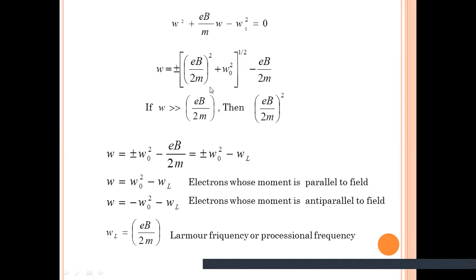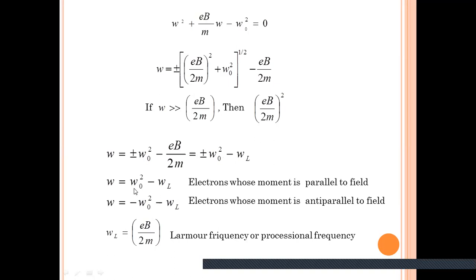Therefore, the resultant omega will be plus or minus omega 0 minus eB upon 2m. Here eB upon 2m is nothing but the Larmor frequency. Therefore, we get two values of omega: plus or minus omega 0 minus omega L.